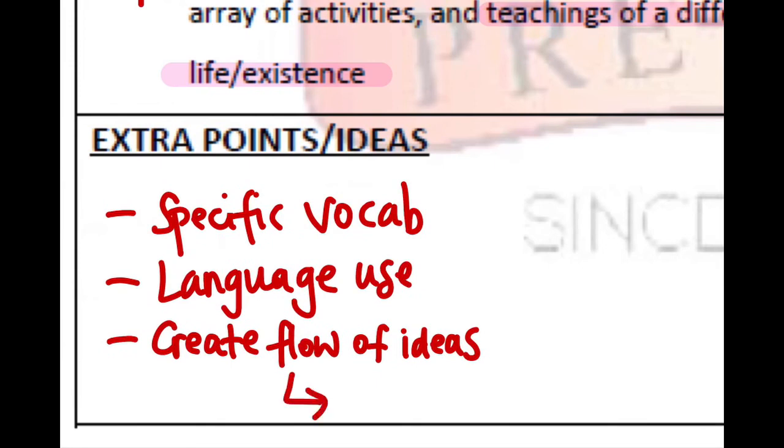And what we mean by flow is the fact that you need to create links between each part, links between positive aspects of life as well as your persuasion.